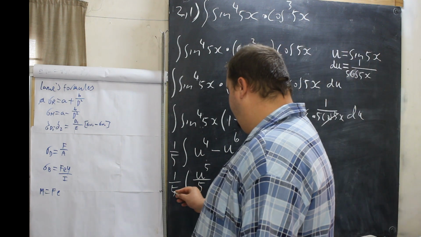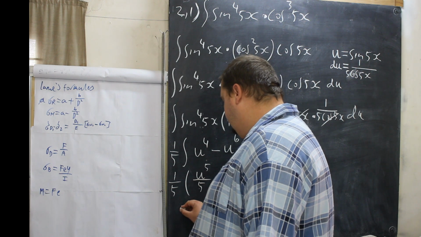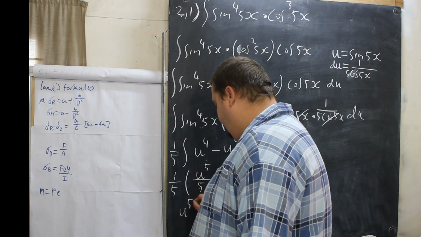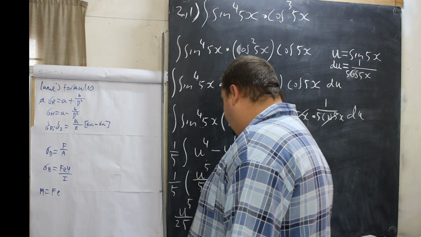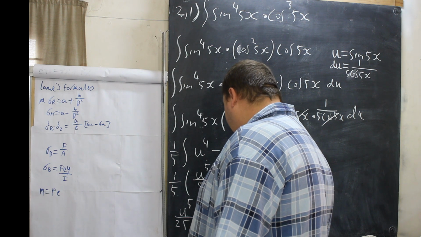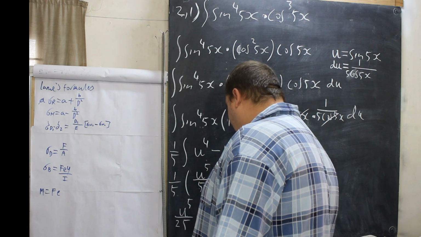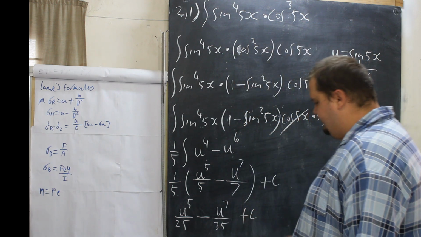So now 5 times 5 is 25, so u to the 5th over 25. 7 times 5 is 35, so u to the 7 over 35, plus c.